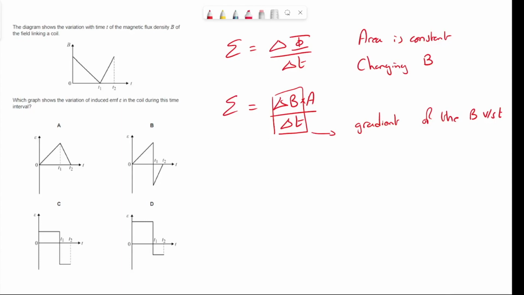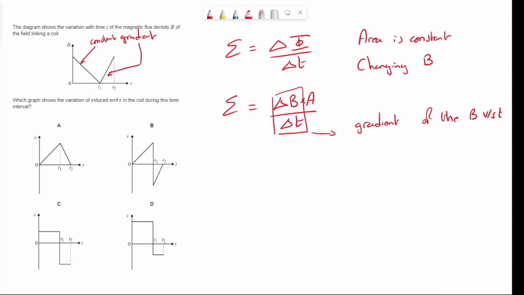Looking at the B versus T graph on the top of the page, we notice that we have a shallow constant gradient for both the times between 0 and T1 and T1 and T2.